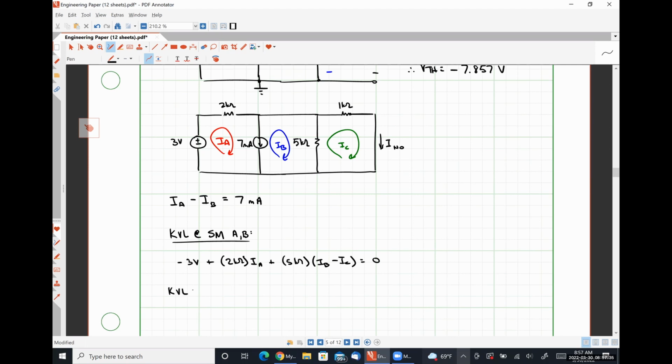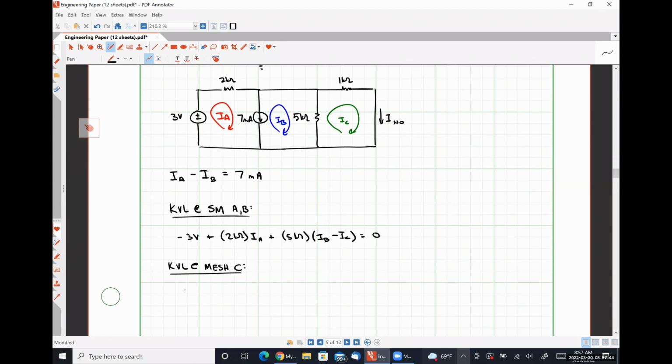And KVL at mesh C is going to be 5 kilo ohms times (IC minus IB) plus 1 kilo ohm times IC is equal to 0. Okay.